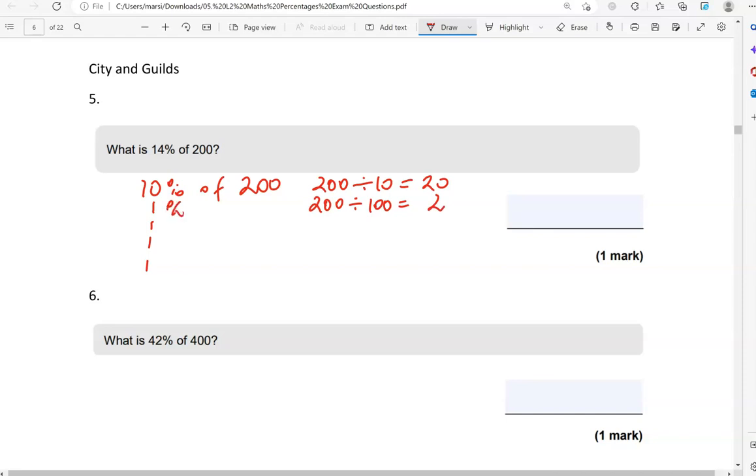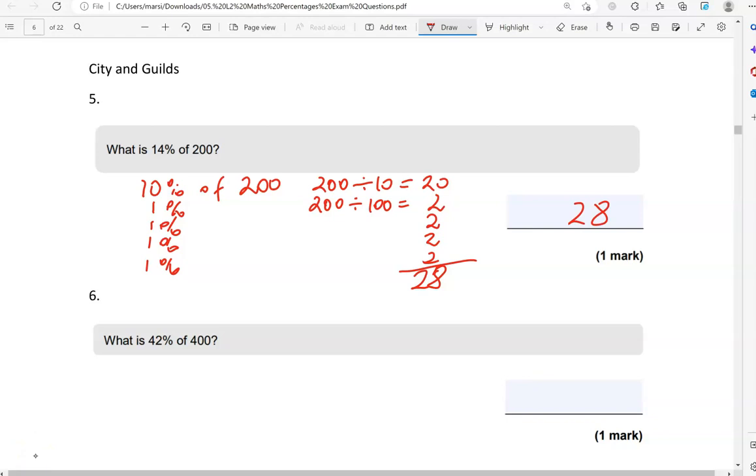So that's 1%. Again, 2, 2, 2, 2. That's 8, so 28. So 14% of 200 is equal to 28.